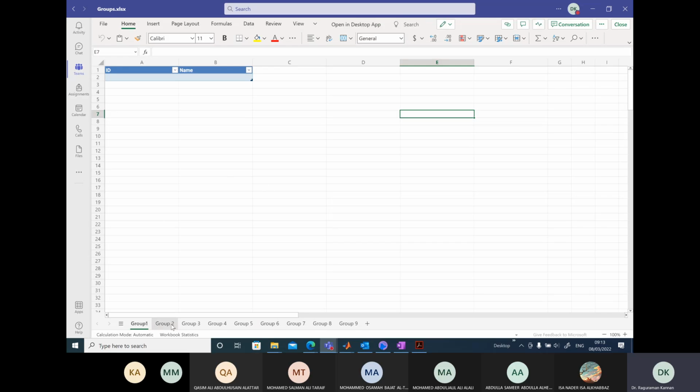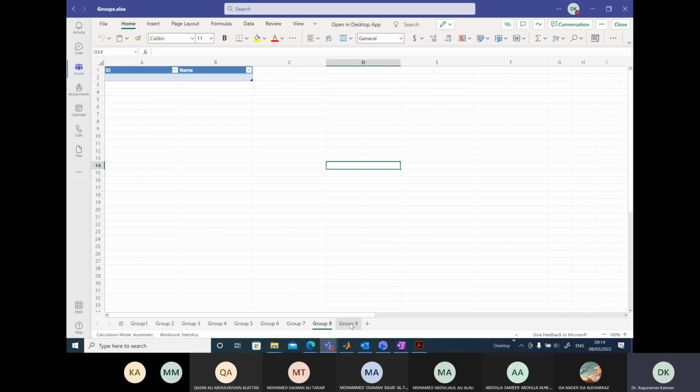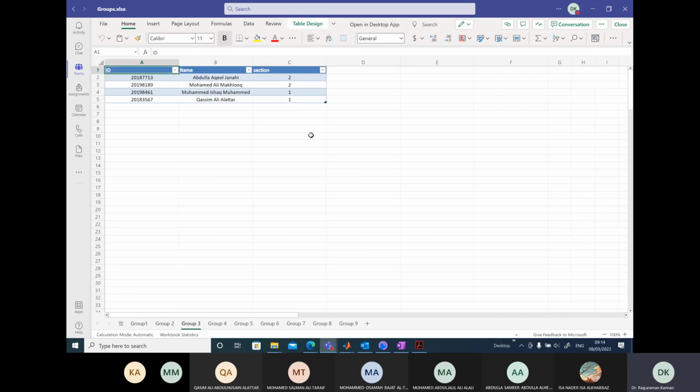Here I see only 2 or 3 groups registered in this particular class. I see only 2 groups which are registered. I have already posted an assignment.